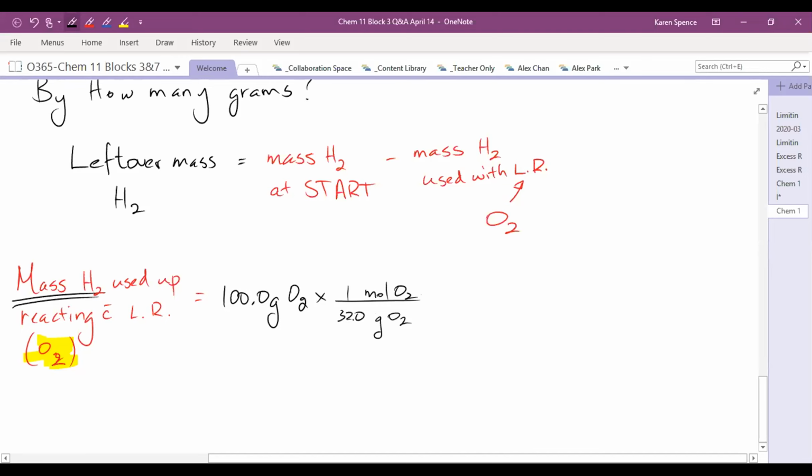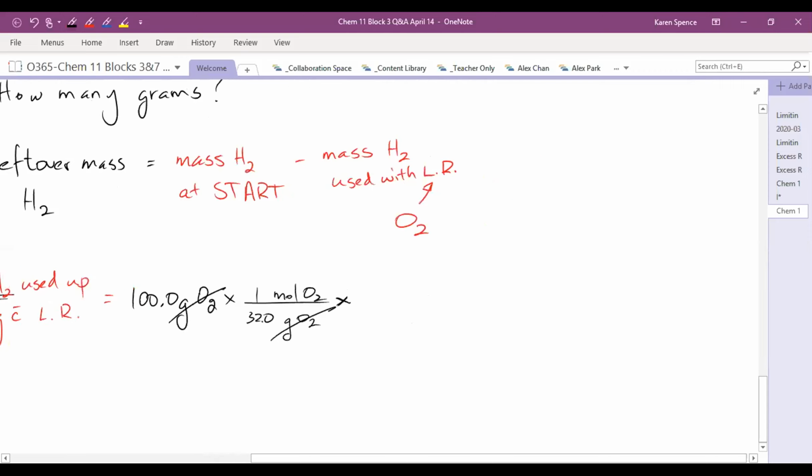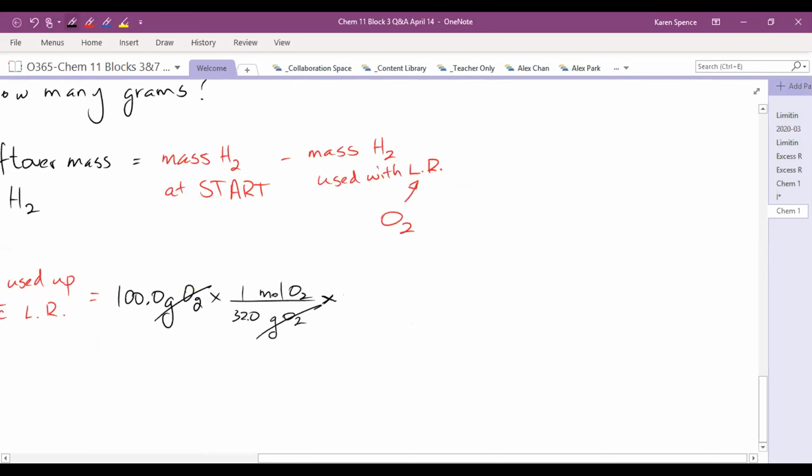Our second step, if we've started anywhere other than with moles, is always going to be converting from moles of one substance to moles of the other substance. So we're going to convert from moles of O2 into moles of, what are we looking for?